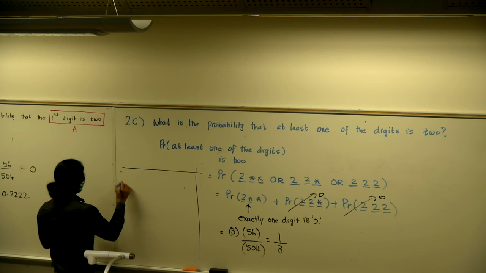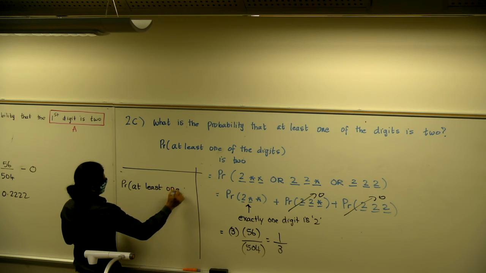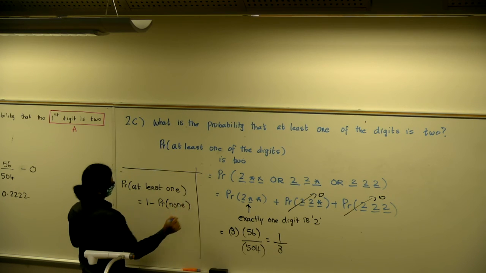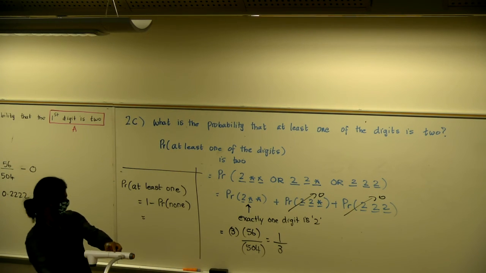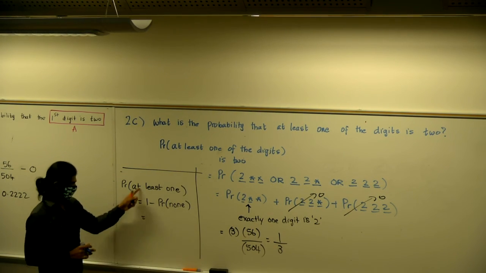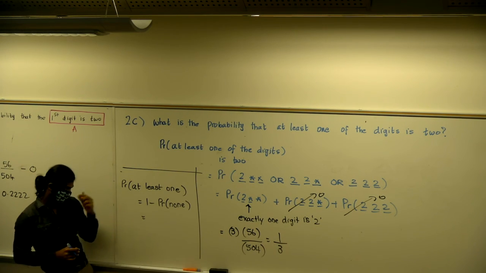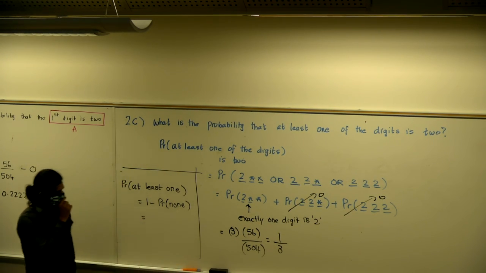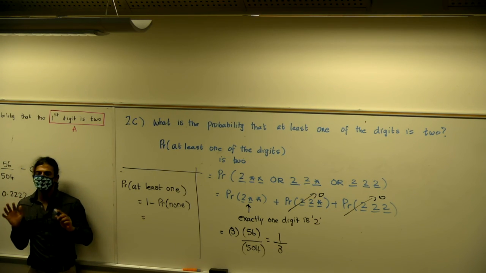So remember, I wrote: probability of at least 1 is 1 minus the probability of none, because none is the complement of at least 1. None of the 3 digits that we have could be a 2, right? That's what that means. In how many ways could that happen?